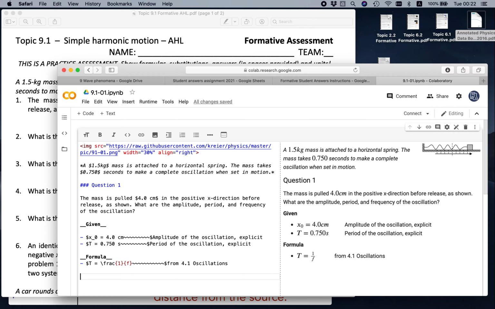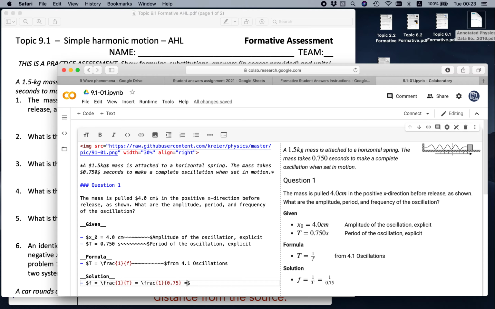Now the solution is pretty simple. Just take the reciprocal of this formula. So the frequency is 1 over the period, and this would be 1 divided by 0.75.